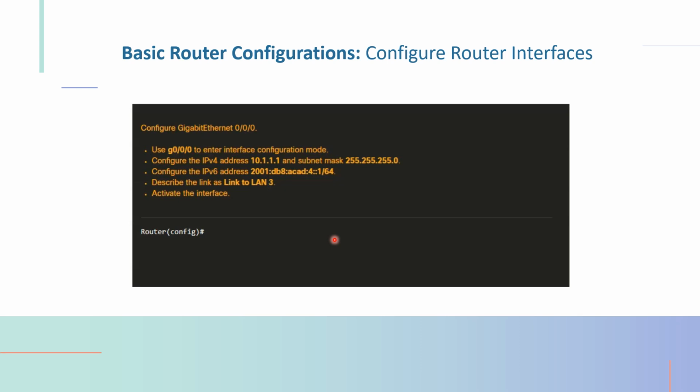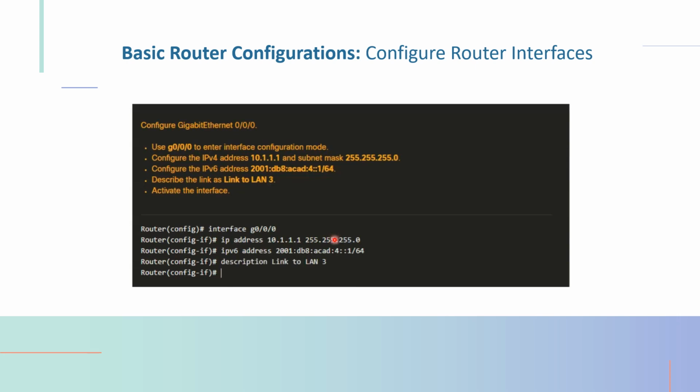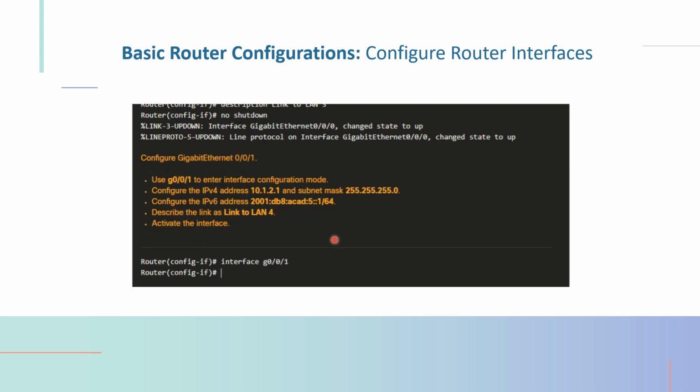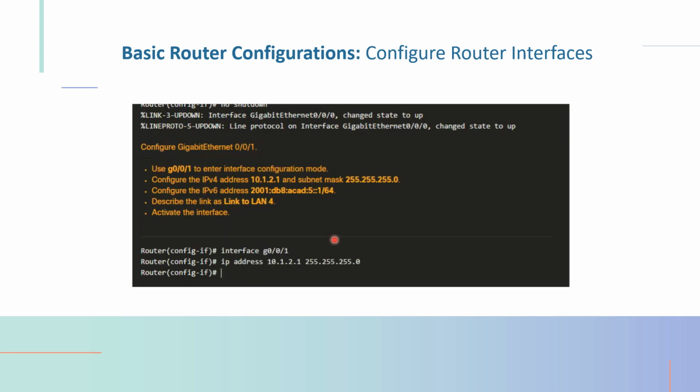And as you can see, the first thing you need to do is to enter, so we are using the short mode, interface G0/0/, which stands for Gigabit Ethernet. Now we have to go to the Gigabit Ethernet 0/0/1. We have to configure here the IPv4 and IPv6 address.